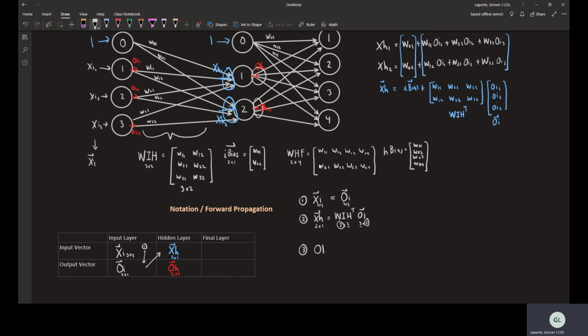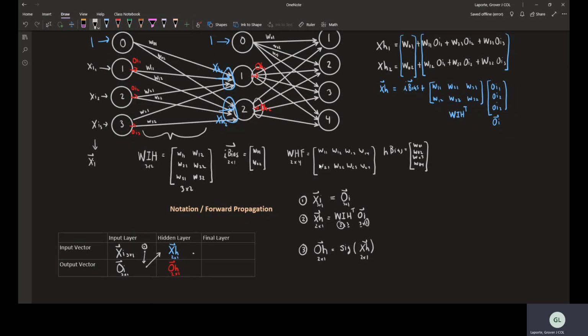So OH is equal to the sigmoid, the activation function. We're not doing the Heaviside function now, we're doing the sigmoid, and you just take the sigmoid of the XH. And this will be a 2 by 1 because this was a 2 by 1. So all you're doing is going to each component and taking the sigmoid function of it.